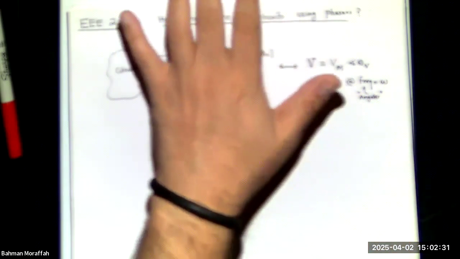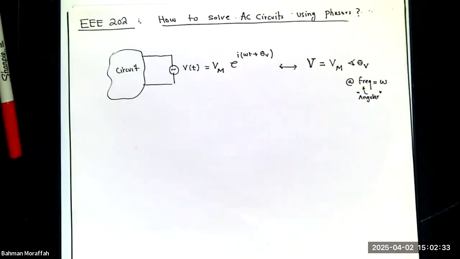Right? So all I care about is the magnitude and the phase. And we call that the phasor representation.